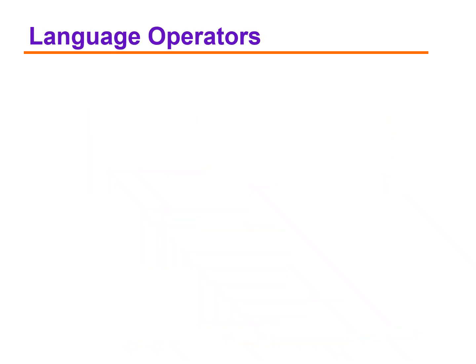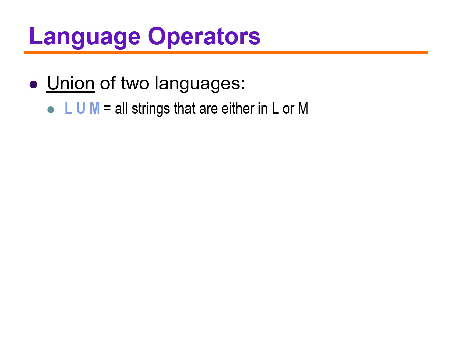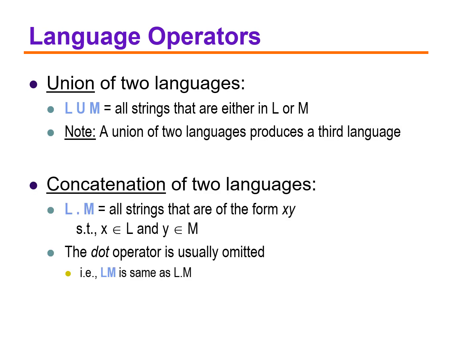Having seen the difference, let us look at some of the operators which we have already discussed. Union of two languages. So here the first operator is union. Union of two languages is nothing but either an alphabet from L or an alphabet from M can appear in a string.